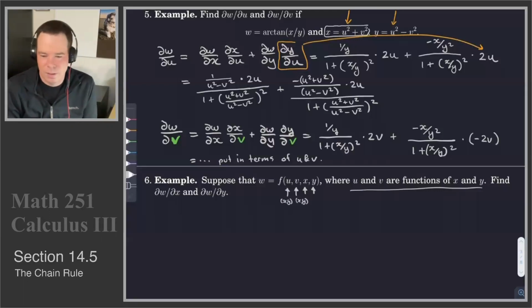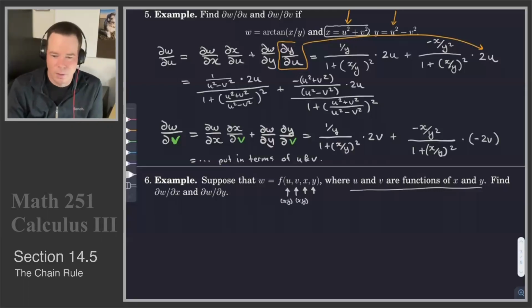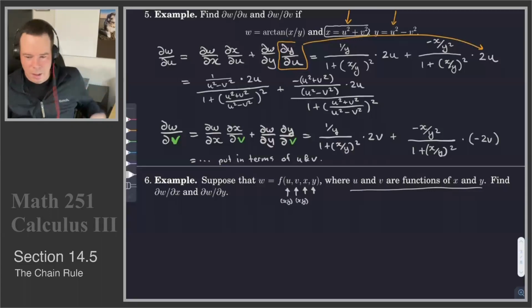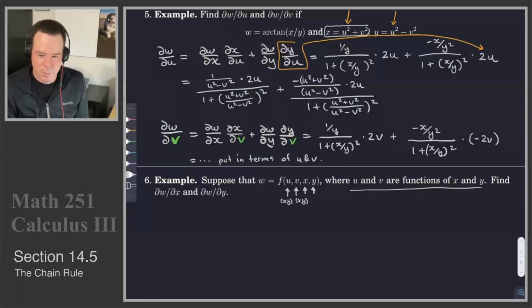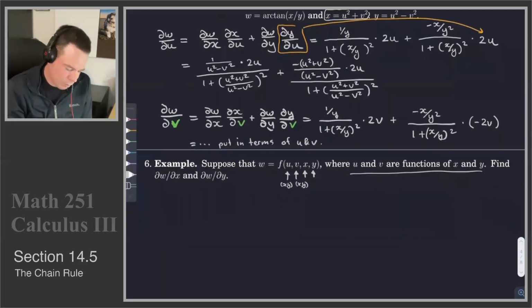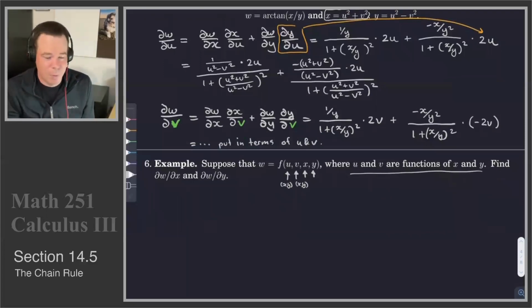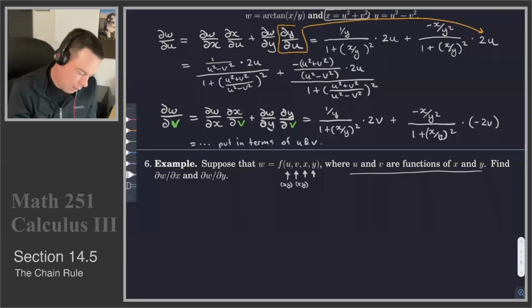In some sense, we took this function representing w, collected together some x's and y's that formed a pattern and called those u, and collected some other x's and y's that seemed to form a pattern, called those v's, and left the extraneous x's and y's in there as well. However you want to think about it, we're trying to deal with a function that looks like this. We'll see in the very next example where this would come up in practice. This is just more of a theoretical example to get the pattern of the chain rule down.